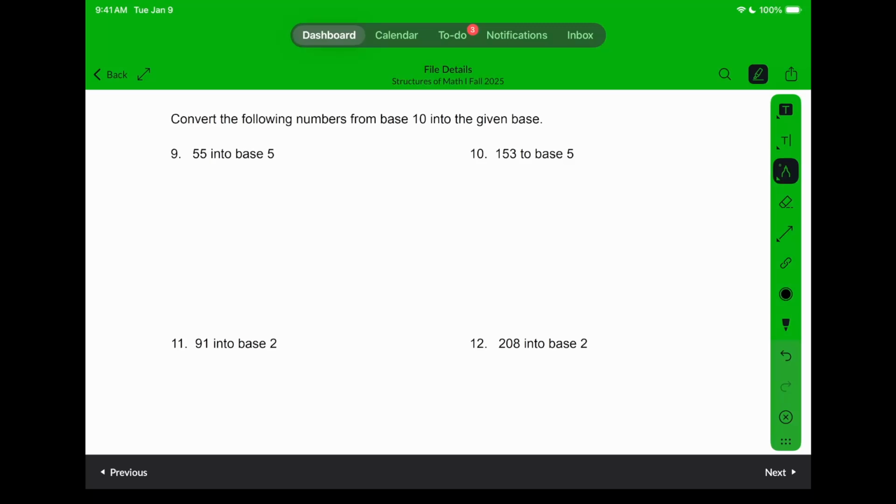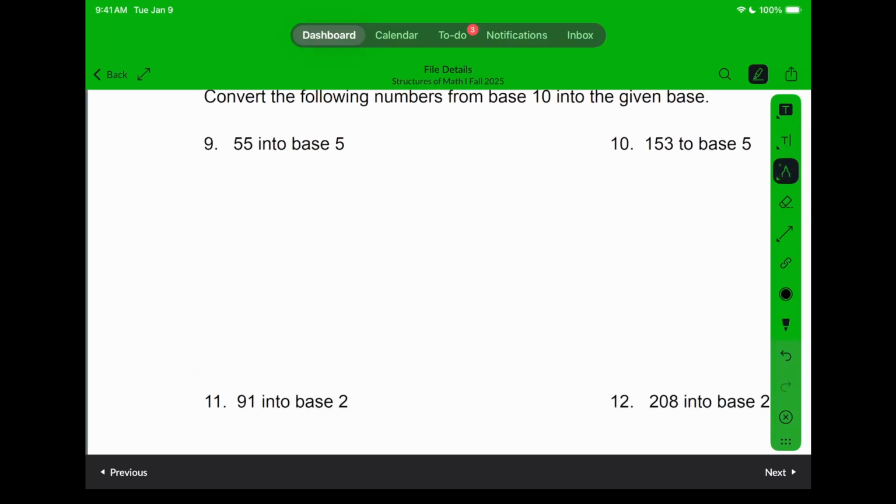So 55 into base 5. This is the base 10 number, and we know our base 10s. But we need to convert it into base 5. The way we can do this, we can think of what our units, longs, flats, cubes are going to be. For base 5, units are 1. The next thing up would be 5, like our long.